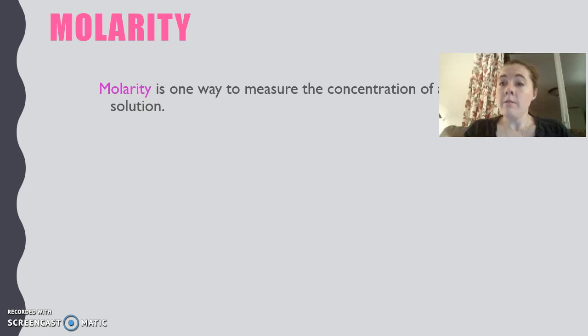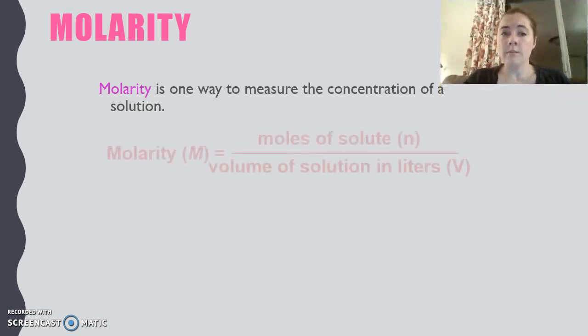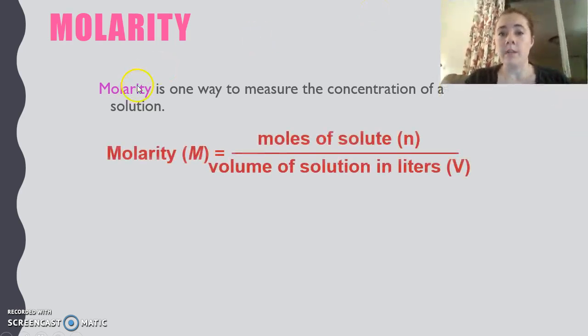Molarity is just one of the ways to calculate it. It is very simple. It's moles divided by liters, or n for number of moles divided by V for volume.